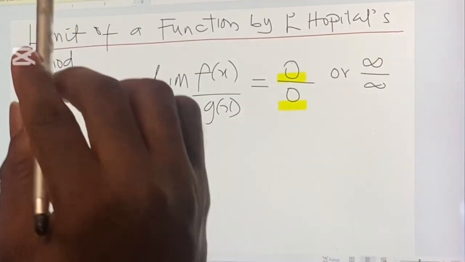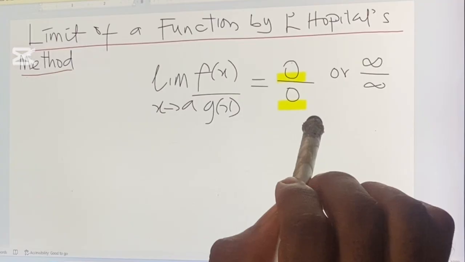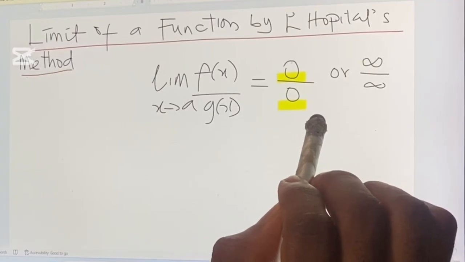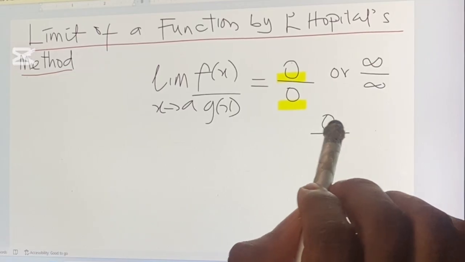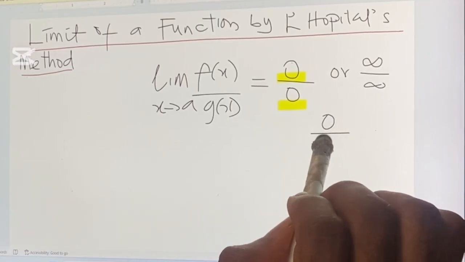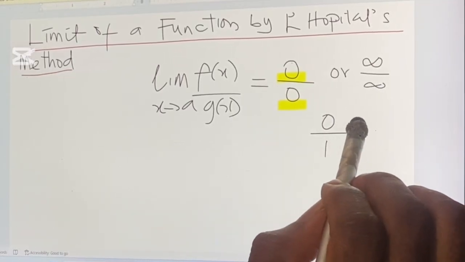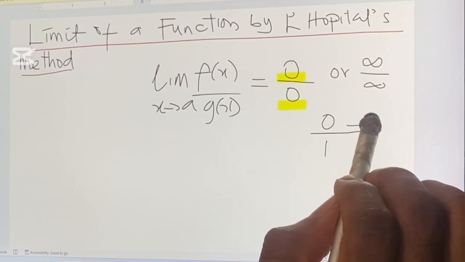Please take note. If I have a limit where the function gives 0 at the numerator and 1 at the denominator, we don't call this indeterminate. The answer to this limit is 0.